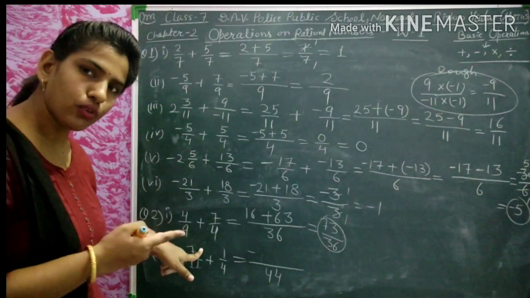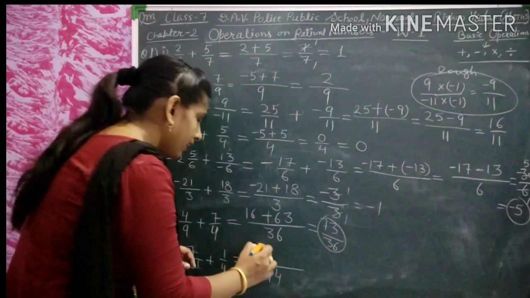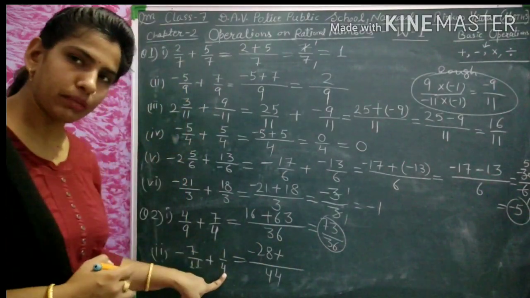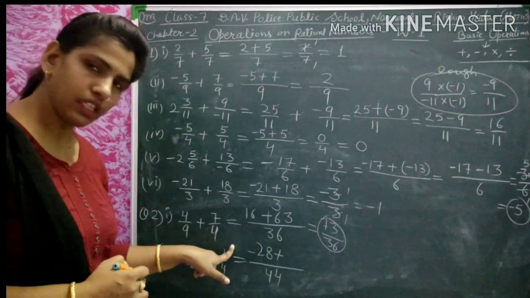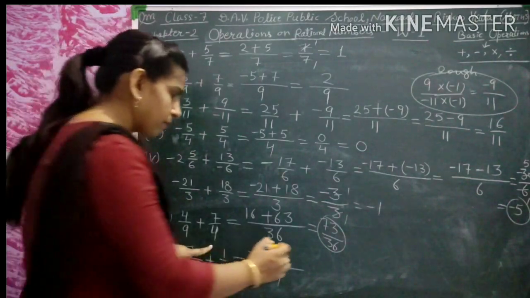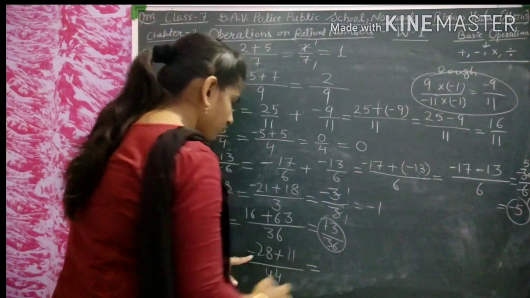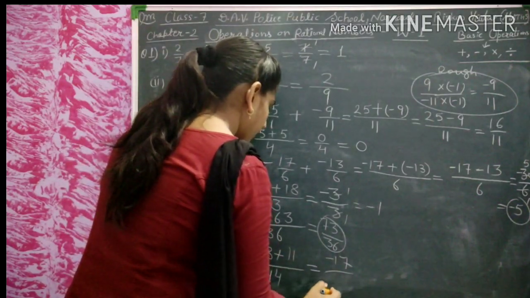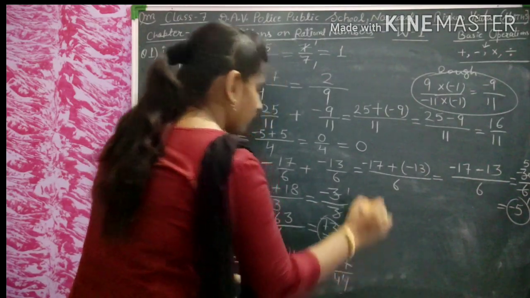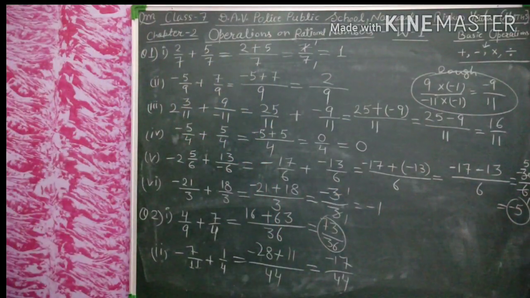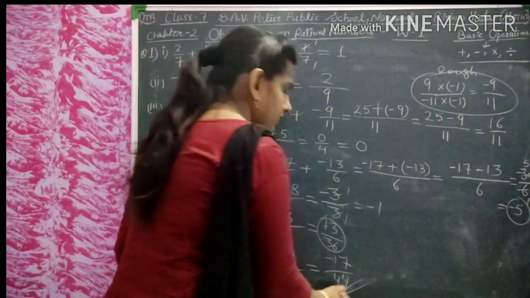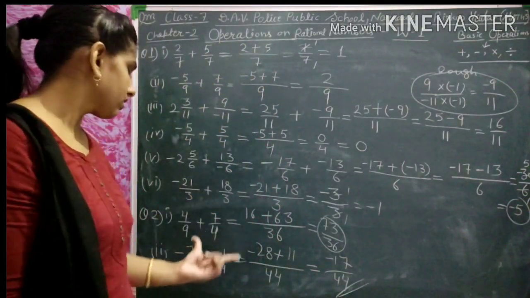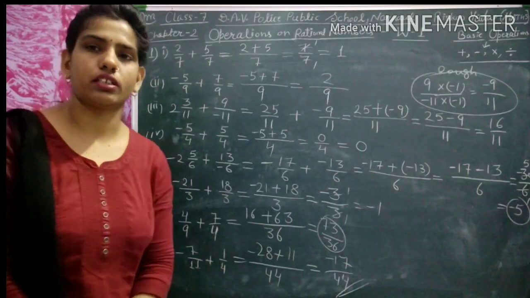Minus 7 into 4 equals minus 28, and plus 4. Which number do we multiply here? 11. It means 11 times 1 is 11, and that equals minus 17. That is 44. Minus 17 by 44. This is the answer. Question number first and second, two parts are there. Okay, dear students?